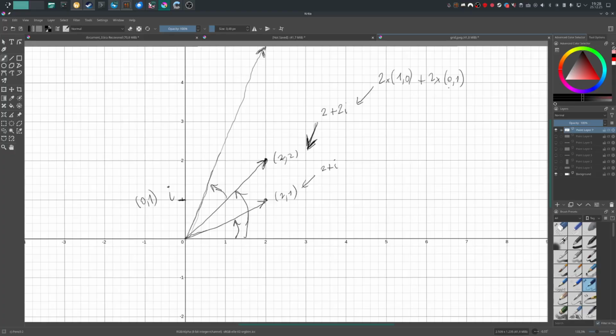That's all you are saying. And I think it's kind of confusing. So it ends up being 2, 0 plus 0, 2, right? Which is 2, 2.